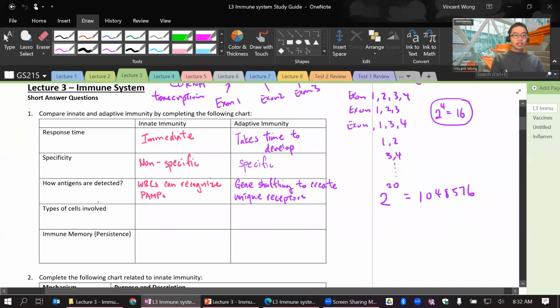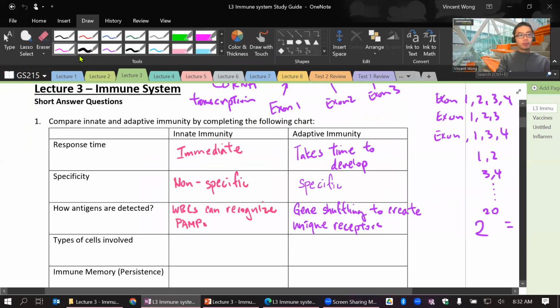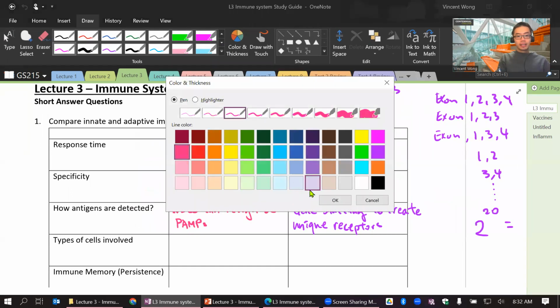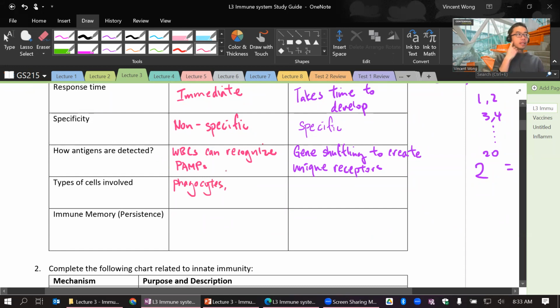So in terms of the types of cells that are involved for innate immunity, we talk about phagocytes, like neutrophils and macrophages.